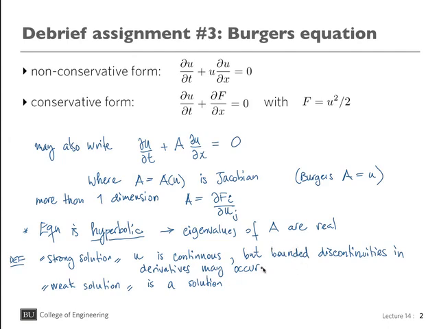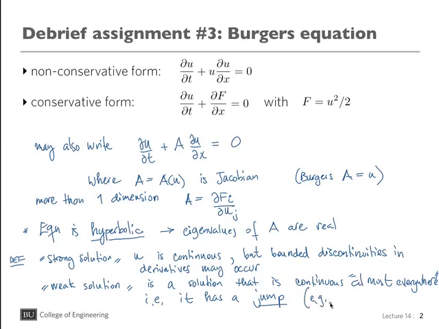A weak solution is continuous almost everywhere, so it has a jump, like a shock wave, for example for the Euler equations. And this is the situation we have for this assignment. So we're solving for a weak solution in the assignment.